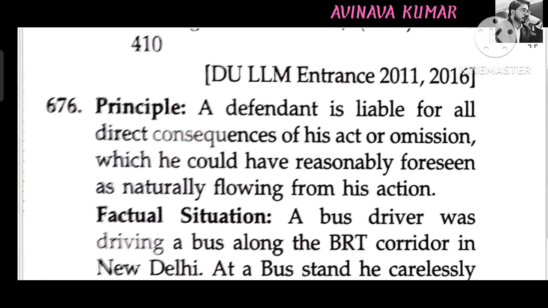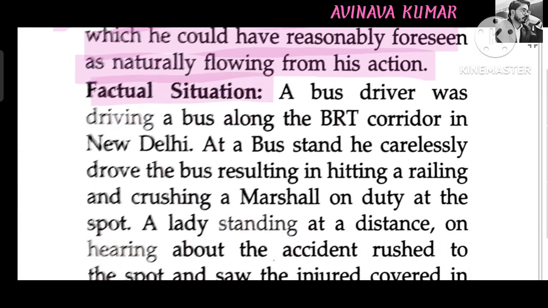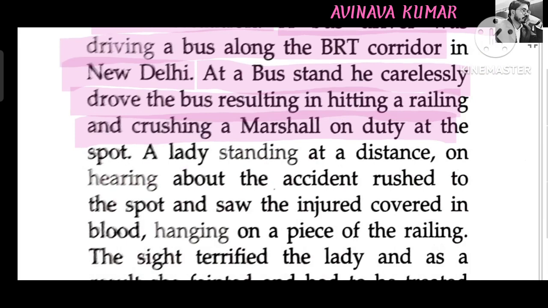Principle: a defendant is liable for all direct consequences of his act or omission, which he could have reasonably foreseen as naturally flowing from his action. Factual situation: a bus driver was driving a bus along the BRT corridor in New Delhi. At a bus stand, he carelessly drove the bus, hitting the railing and crushing the marshal on duty at the spot.